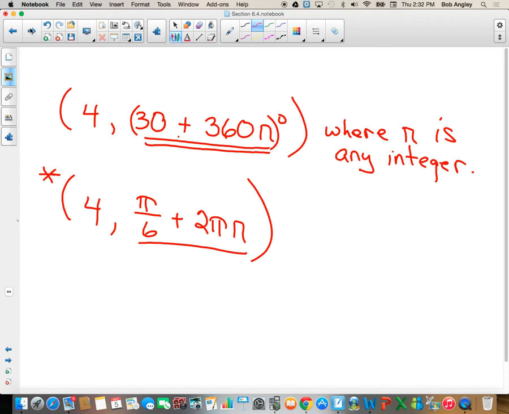Now, if I wanted to write one that's equivalent to this, that gets all those, I could go -4. If I'm going to use -4, I still want to put the 30 into the thing somewhere. So eventually I want an expression that says 30 plus something.